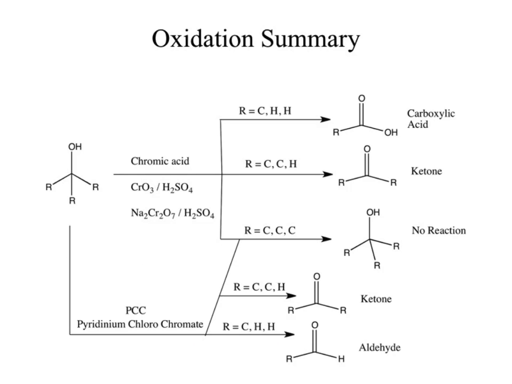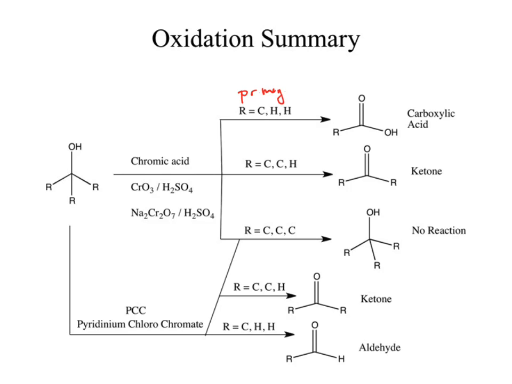So in our oxidation summary, this has it all set up there. Chromic acid on top, PCC on the bottom. Looks kind of crazy, it really isn't that bad. The top one, we have 3 R groups, right? In the top case, one of those is a carbon, which means I have a primary alcohol.